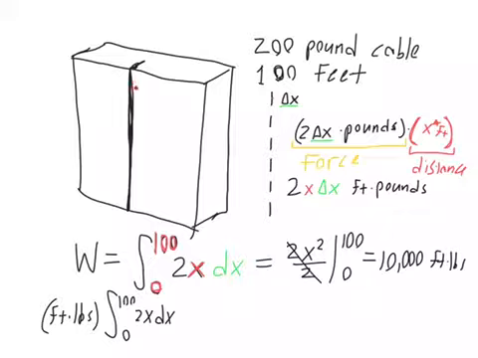Now the next piece of cable is further down, so we move it a further distance, and that's why the star is there to indicate that each of these pieces has its own position, and that position is going to be the distance that we move it to get to the top of the building.